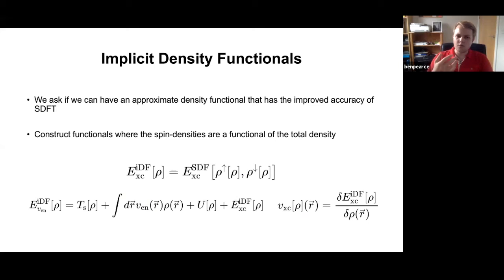And we came up with the idea of implicit density functionals, where we construct the functionals such that the spin densities are themselves a functional of the total unpolarized electron density. And this leads to the total energy functional being written in the following way. Again, we can construct the exchange correlation potentials by taking the functional derivative of this implicit density functional approximation energy with respect to the total density.